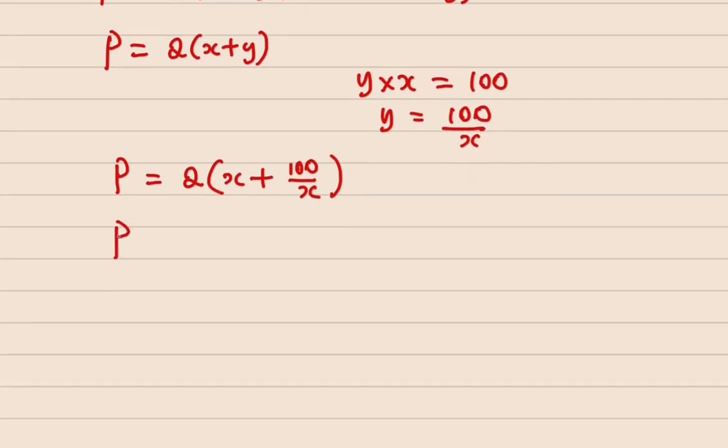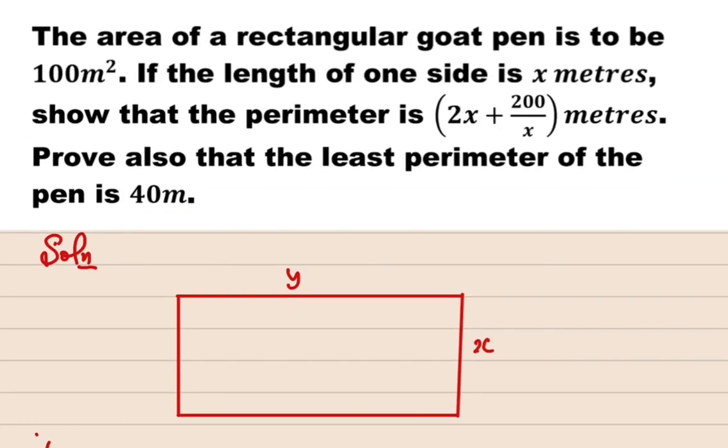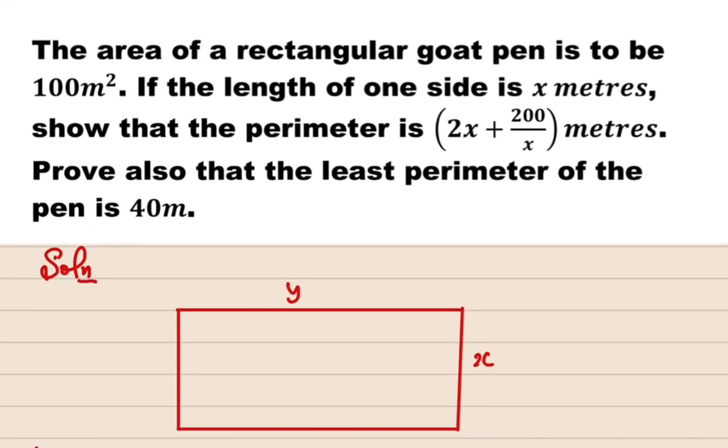When we expand further, P becomes 2x plus 200 all over x meters. And that is exactly what we've been asked to show. That is the first part of the question.